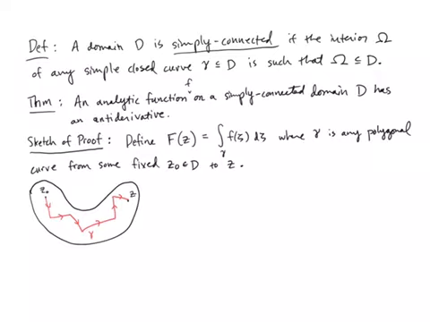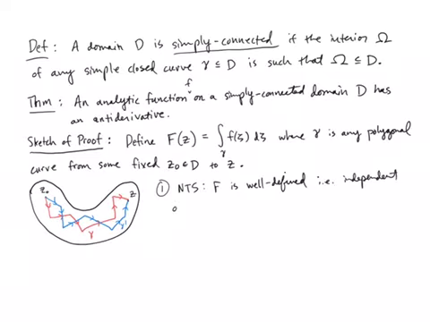So if I were to take another polygonal curve like this, gamma prime, first thing is I need to show that F is well defined, i.e. independent of polygonal curve.